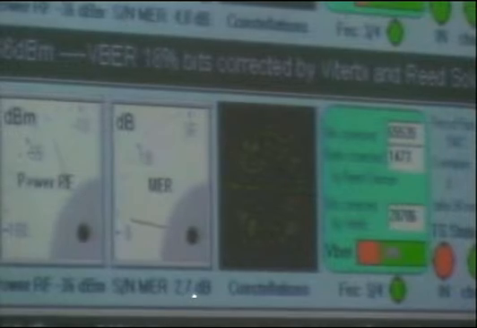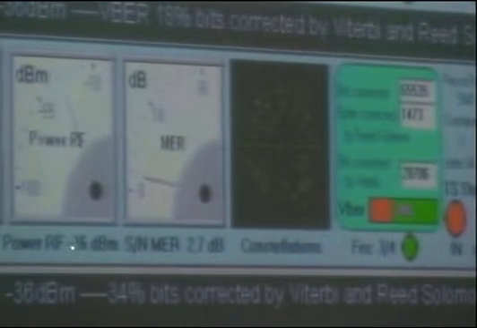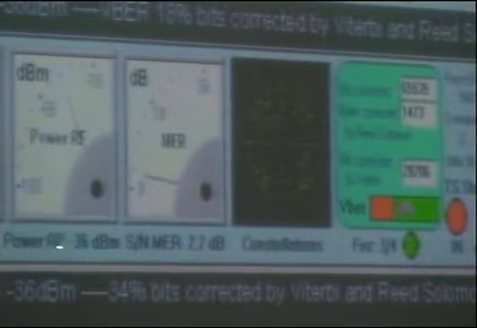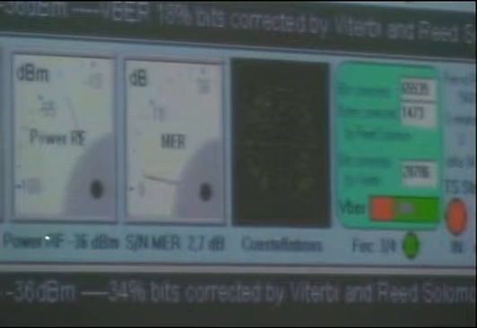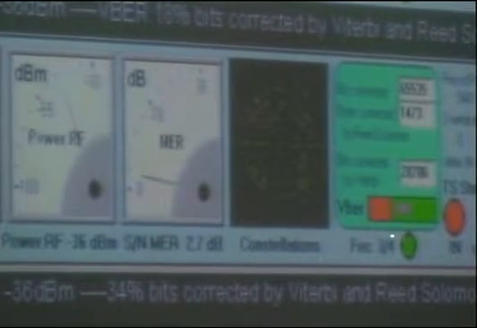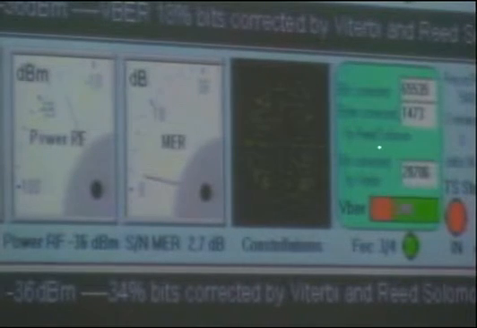So, and last example, MER is 2.7 dB. I have always the same level, RF level, the same CNR. In analog, with analog equipment, I see nothing different. But now, BER is up 30%, so Reed-Solomon is overloaded.